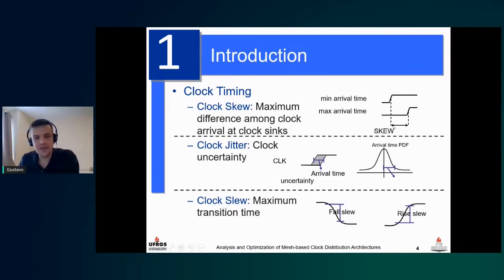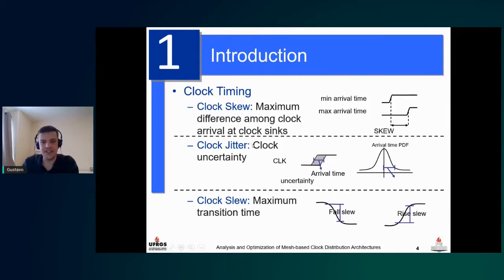So let me talk a little bit about some of the characteristics of the clock signal. The three main things that we talk about when we talk about clock, besides the period, of course, are the clock skew, clock jitter, and clock slew. In the scope of this work, they were defined as: the clock skew being the maximum difference among the clock arrival times at all clock sinks.